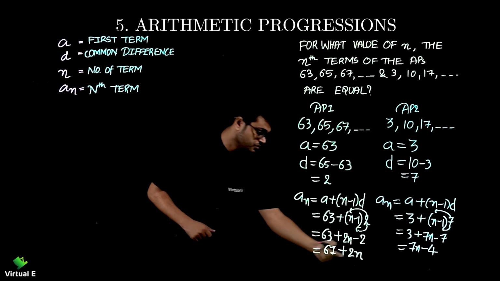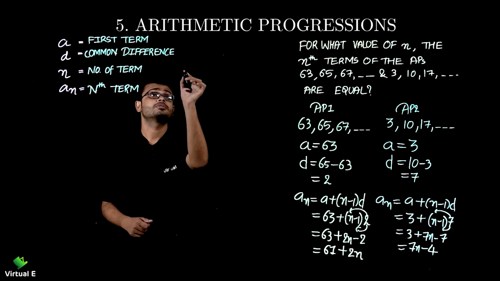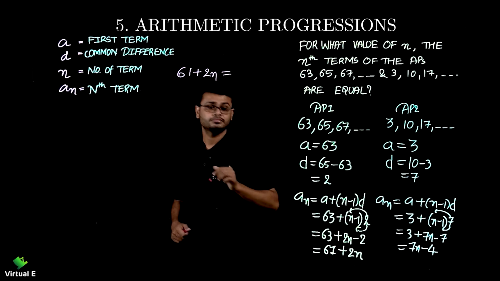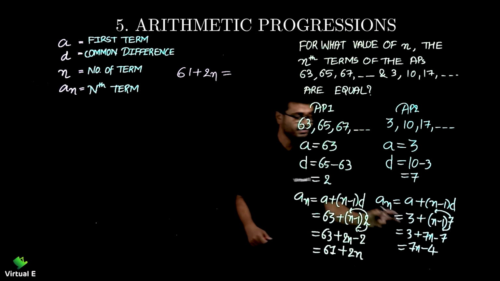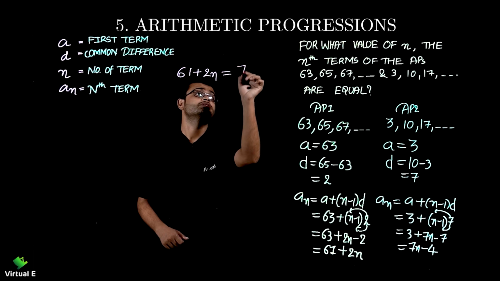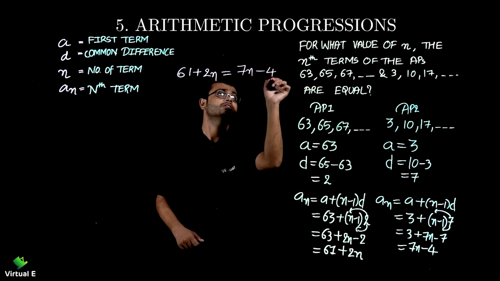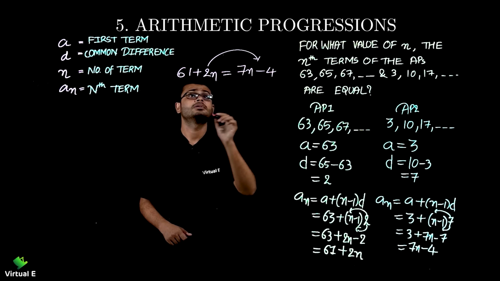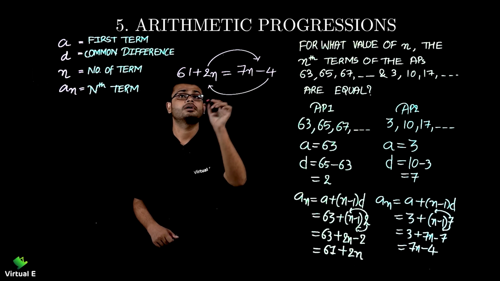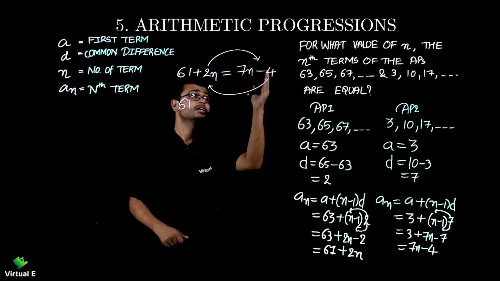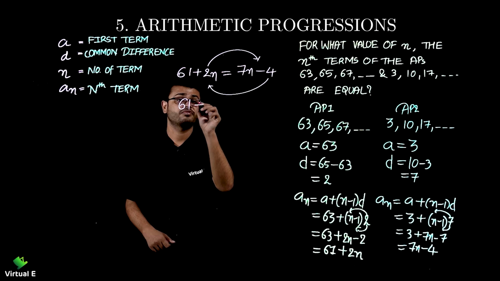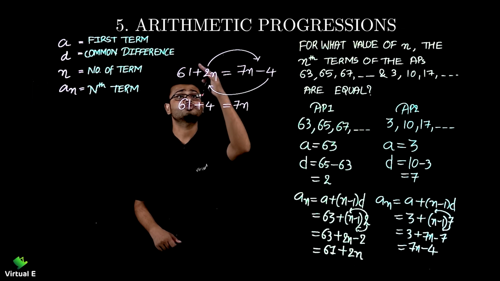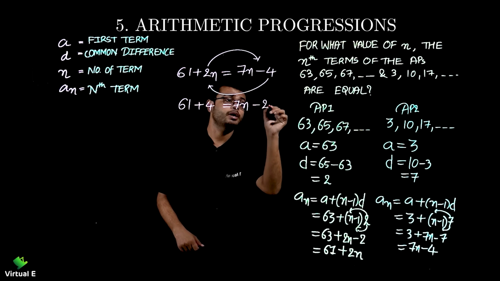I'll start with 61 plus 2n is equal to this term, which is 7n minus 4. Simple. Let's shift this 2n over here and minus 4 over here. So 61 as it is, minus 4 will become plus 4, and 7n as it is, plus 2n will become minus 2n.